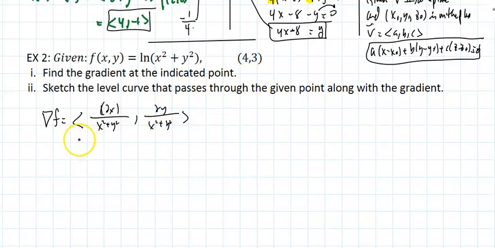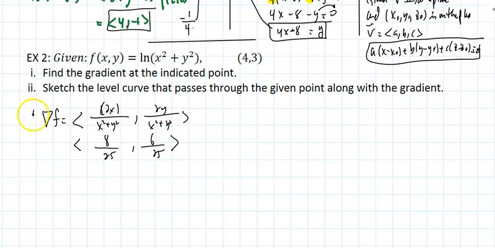And if I substitute x, 16 plus 9 is 25, and an 8, and a 6. There it is.